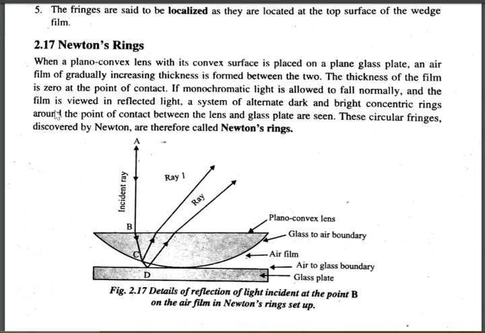It means you will see a number of alternate dark and bright concentric rings from the center point. These circular fringes discovered by Newton are therefore called Newton's rings. And the thickness of these rings gradually decreases as the fringe number increases.